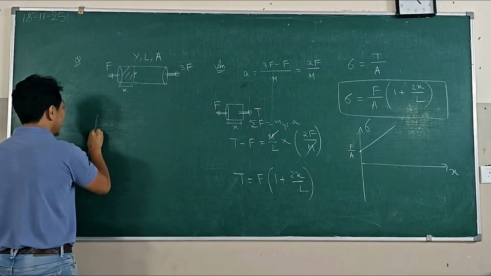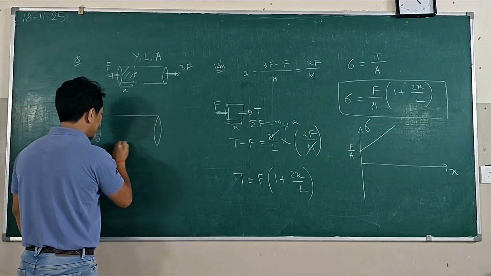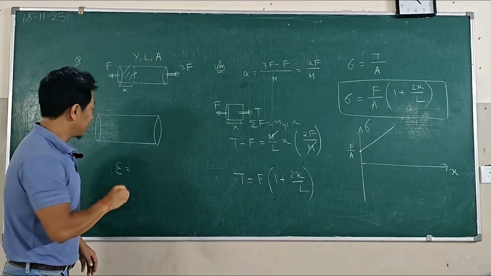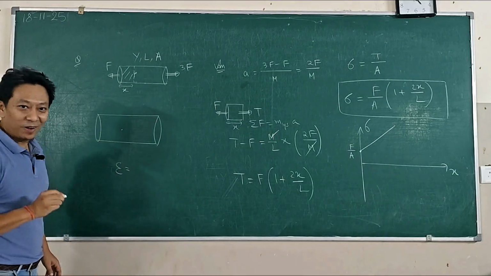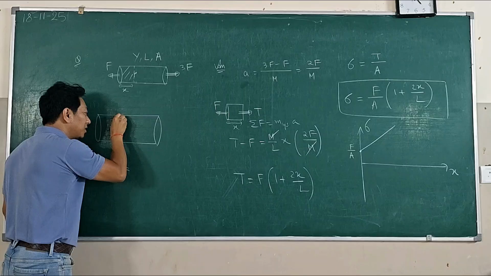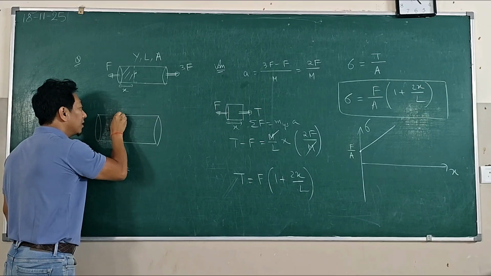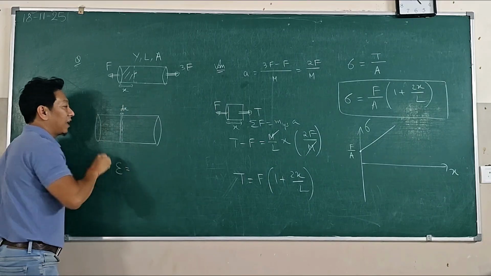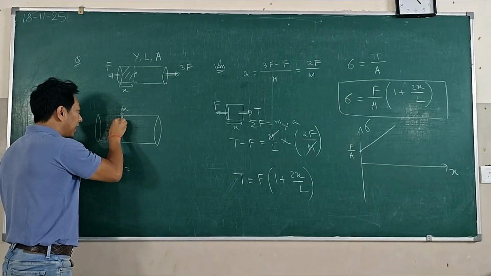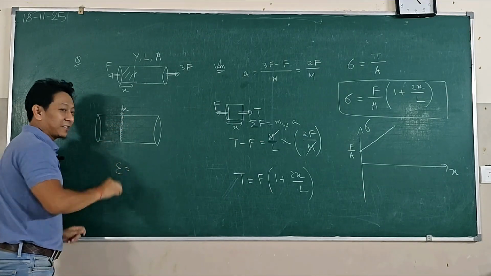Look here. So the actual definition of strain at a point, how to define? Well, very simple. At that point, let's say you consider a small piece of this rod, length dx. When no forces were applied, the length of this small piece was dx.